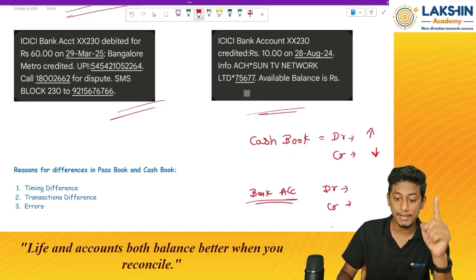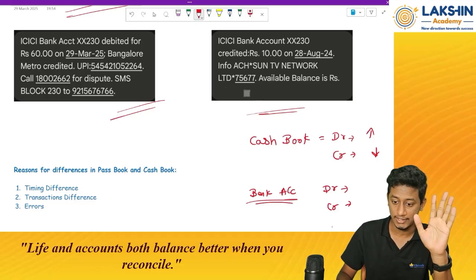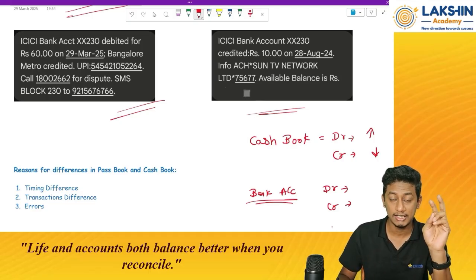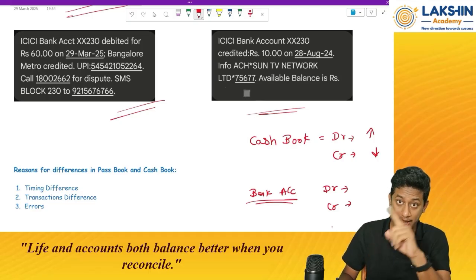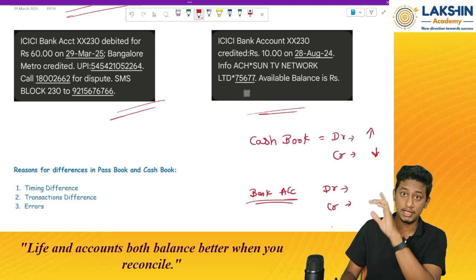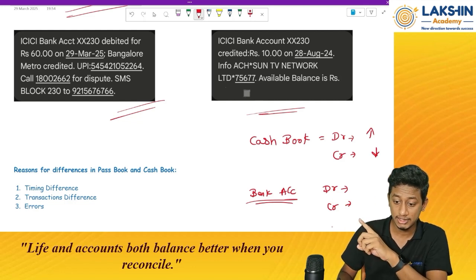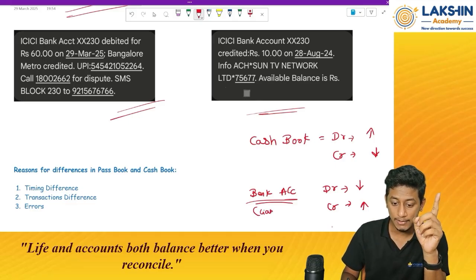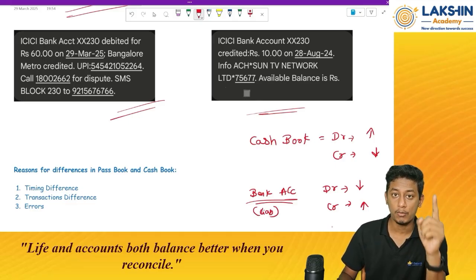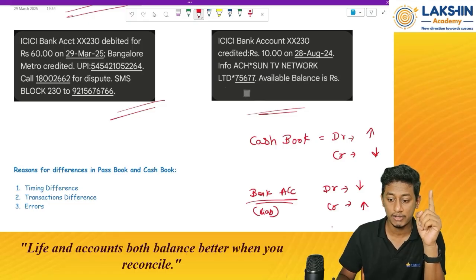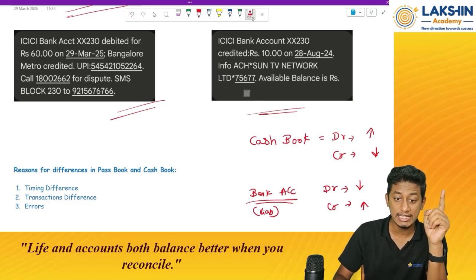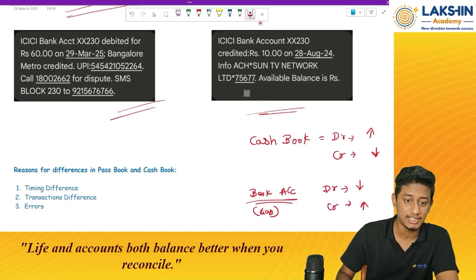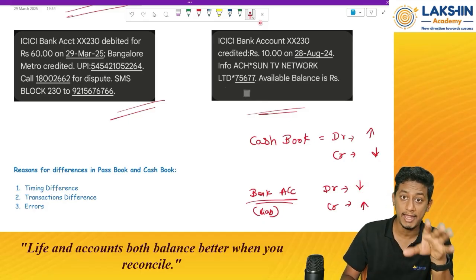Therefore, applying the liability rules of the five heads, whatever is debited in the bank account as per the bank means a decrease in the balance, and whatever is credited means an increase in the balance. Got it?